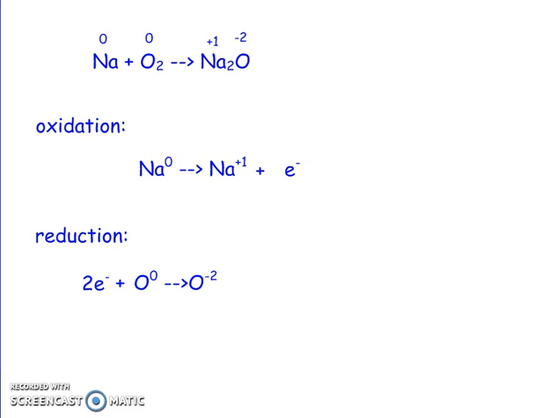To write the half reactions, take one atom of the element as it starts, arrow one atom of the element as it ends up, figure out how many electrons different there are in the 2 species that you're dealing with, and if it's losing electrons, those electrons go on the product side. If it's gaining those electrons, the electrons go on the reactant side.